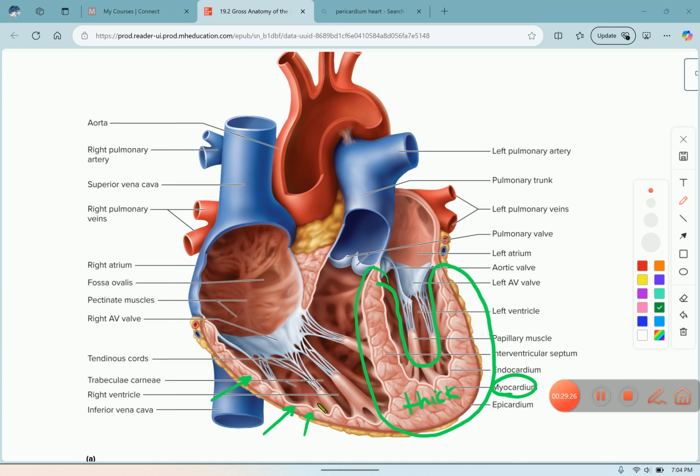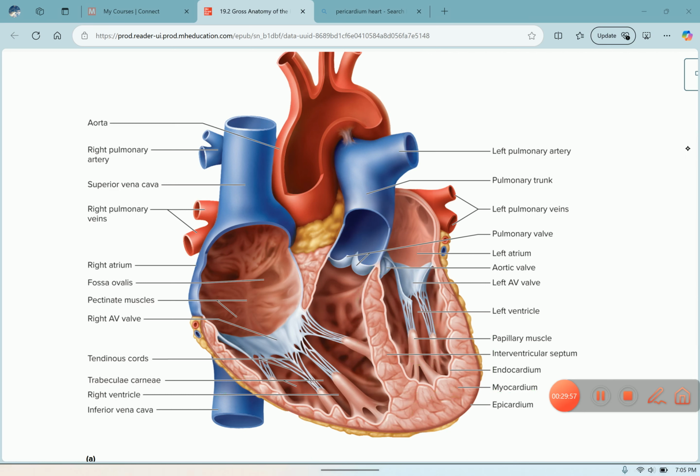The right ventricular wall is thin, and the left ventricular wall is thick. That's one way that you can identify right versus left: notice the thickness of the left ventricular wall versus the right ventricular wall.